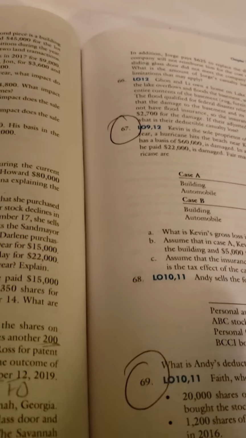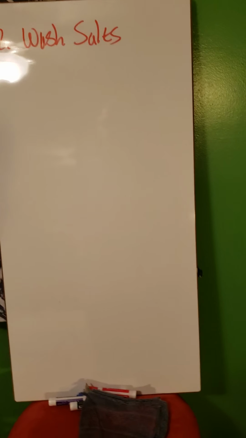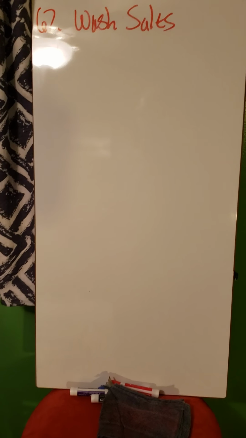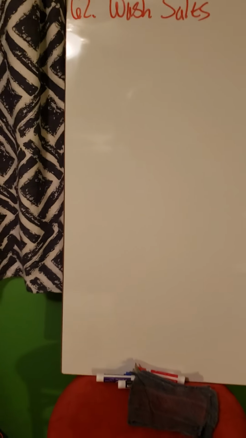Okay, students, problem 62. Problem 62 deals with a concept called wash sales. What wash sales are, are sales in which I sell and then reacquire the same stock either 30 days before or 30 days after the sale.